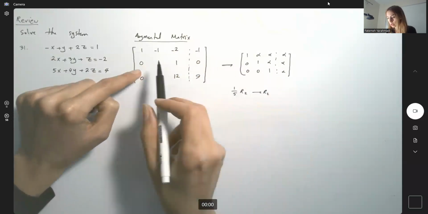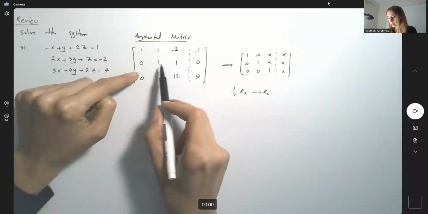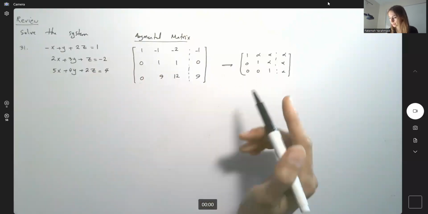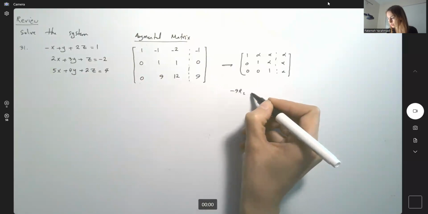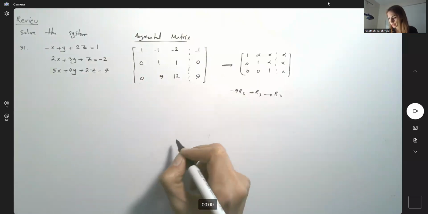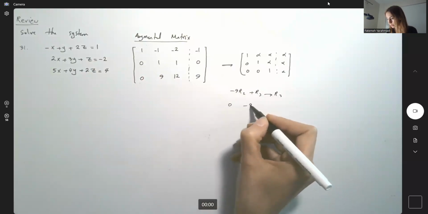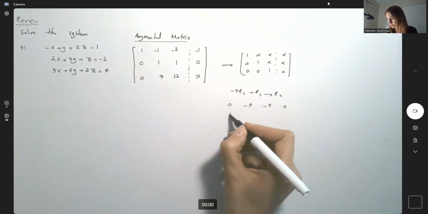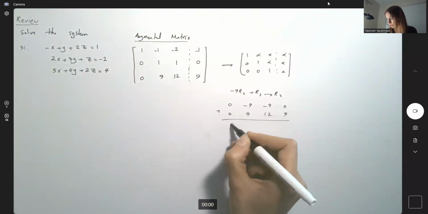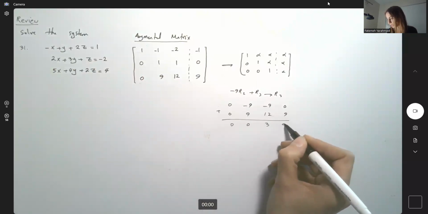So we're going to multiply the second row by -9 and add it to the third row. -9 R2 plus R3 is going to be your new R3. So you have 0, -9, -9, 0, plus 0, 9, 12, and 9. This is 0, 0, and then you have 3 and 9.